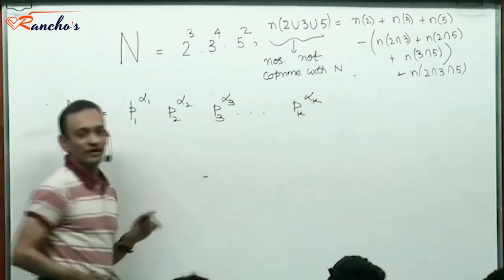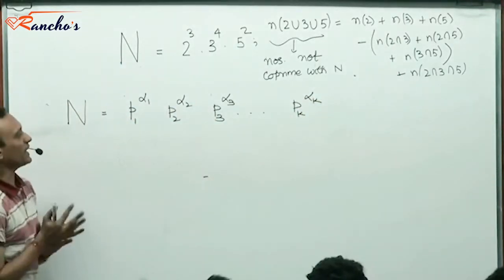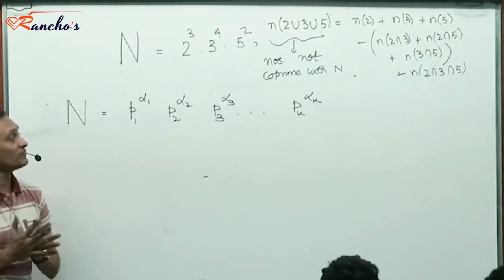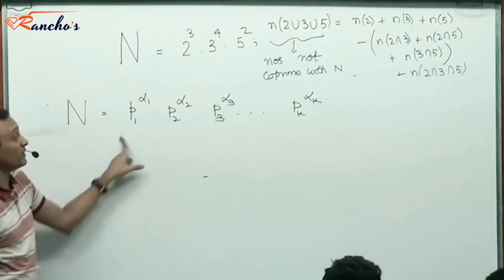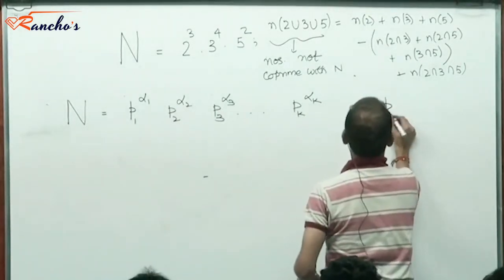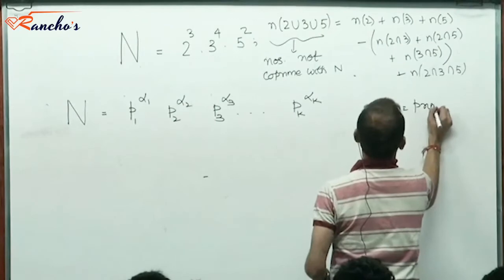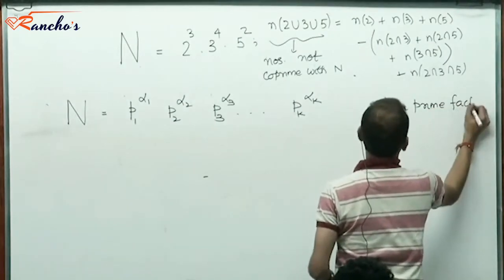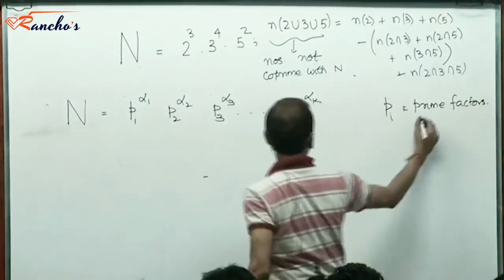These p1, p2, p3, pk are the prime factors of n.